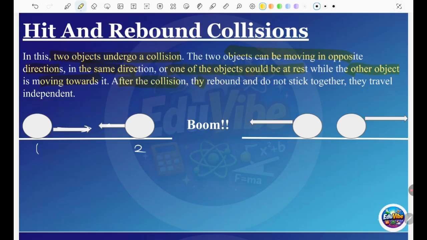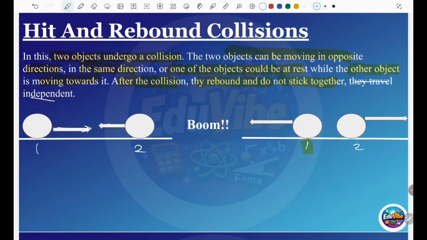After the collision, they rebound and do not stick together. They go off separately and travel independently. That is hit and rebound.